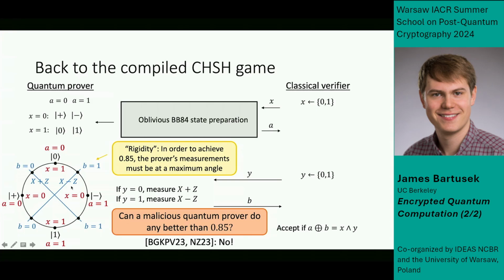They prove a rigidity statement, which is that any quantum polynomial time prover that interacts in this game, if it achieves a value of 0.85 or potentially even higher, which eventually they show it can't, but for the sake of contradiction, must be using 2 anti-commuting measurements. Okay, so what does this mean?